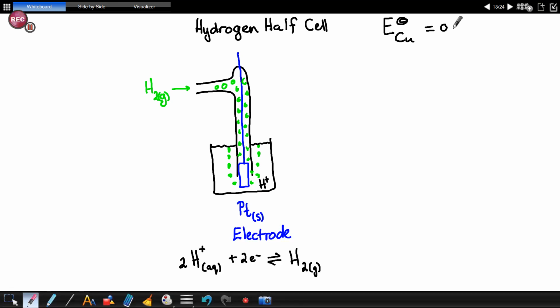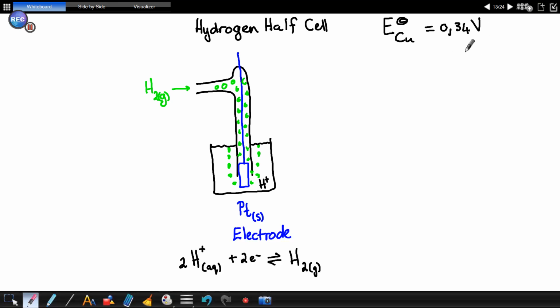Yes, 0.16. 0.16 is for copper 2+ to copper plus. Just go down a little bit. You'll see 0.34. Isn't it the same thing? Oh, it's not. I want to show you where that comes from.